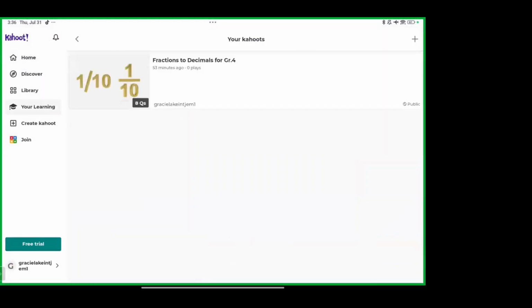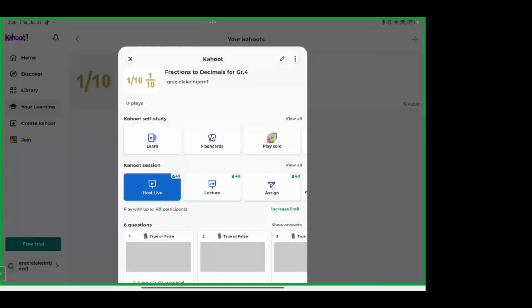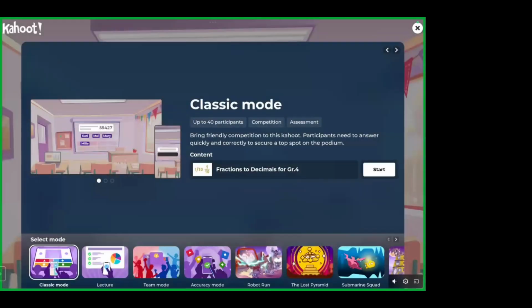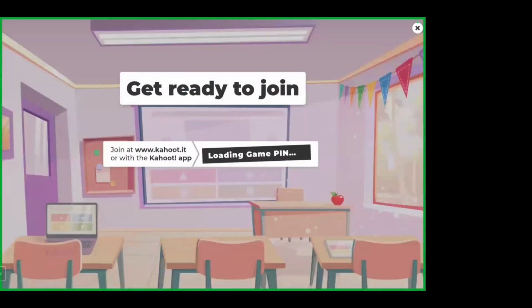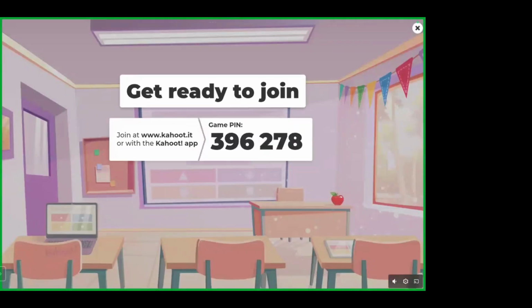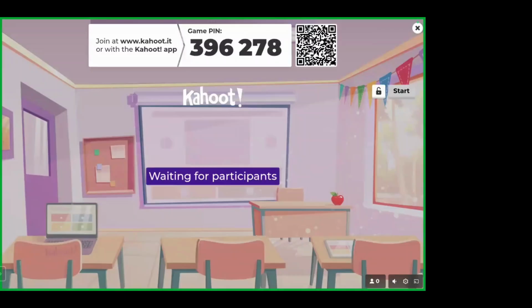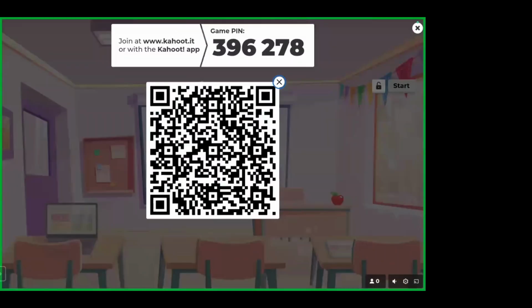Okay, cool. It's still loading, guys. So you can scan the QR code on your screen here. I will wait 2 minutes until you all join.